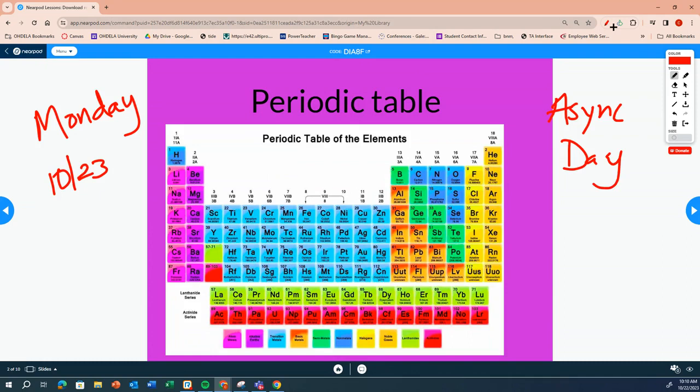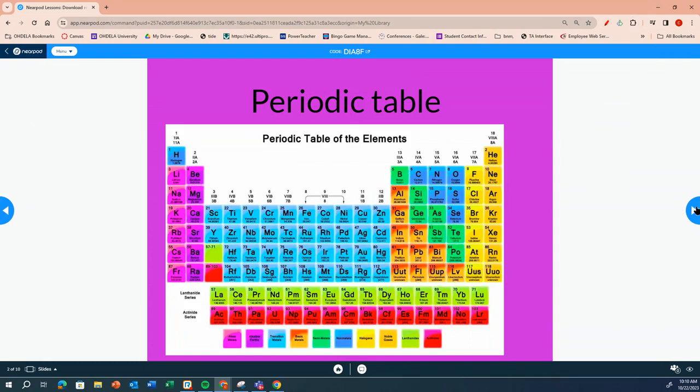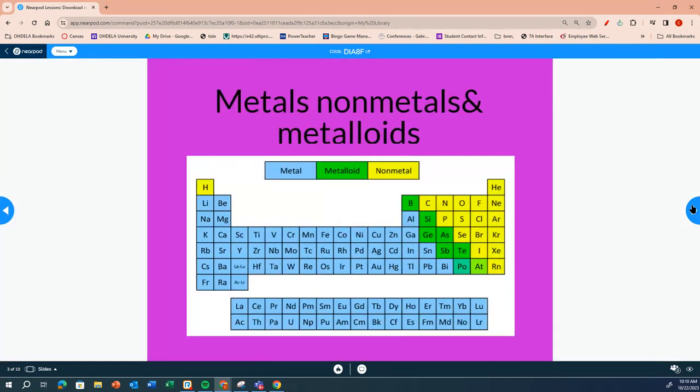So we're going to review the periodic table of elements. First, let's take a look at the periodic table. It's broken into different classes of elements. The classes are set up as metals, nonmetals, and metalloids.